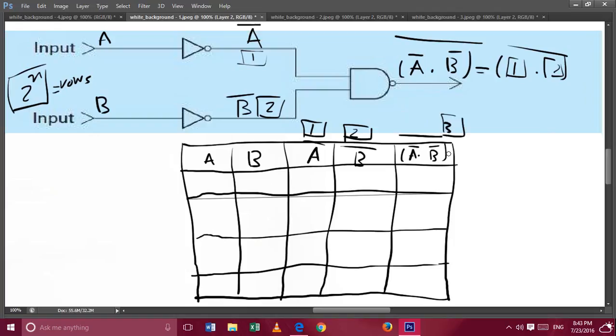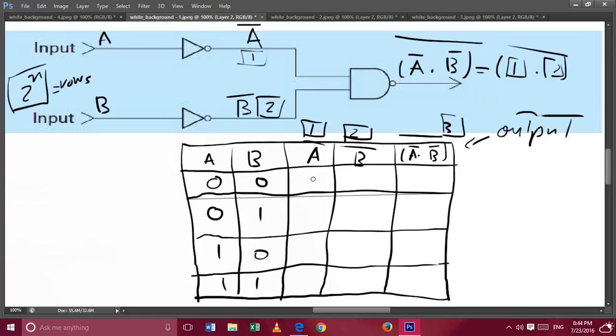Now, remember that the output is this column right here. Yeah? Now, it becomes very easy from this point. So here we've got 0, 0, 0, 1, 1, 0, 1, 1, because these are all the possible combinations.